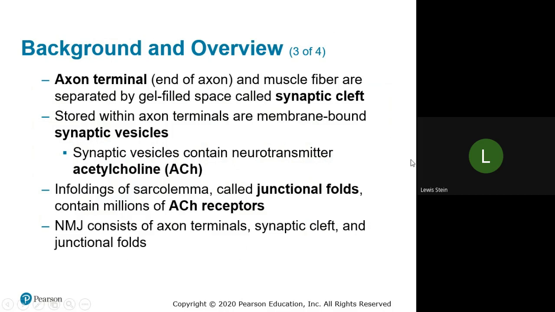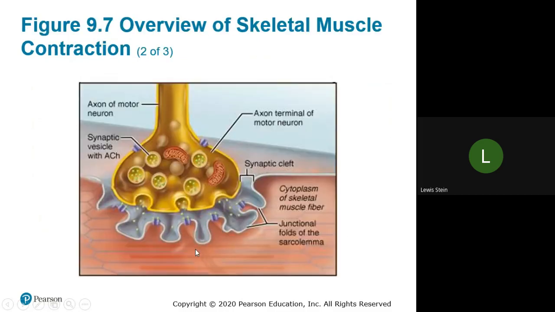The infoldings of the sarcolemma on the individual cell are the junctional folds, and you'll see they account for a lot of surface area, with that repeating idea of folding to increase surface area, with a ton of receptors. Those are ligand-gated channels. So the junction is the axon terminal, the cleft, and the folds. Voila. Here you have the vesicles, and an abundance of mitochondria.